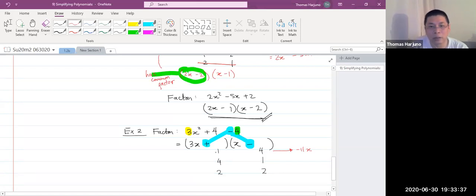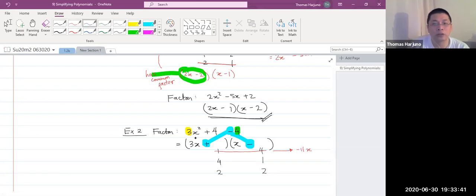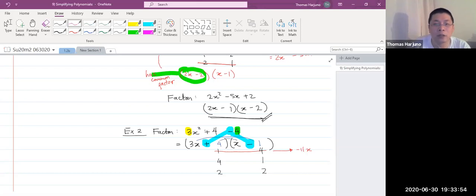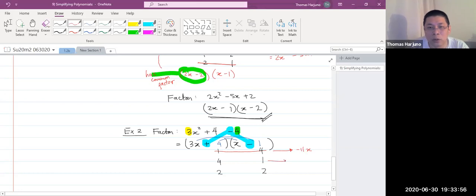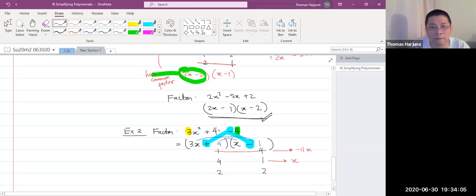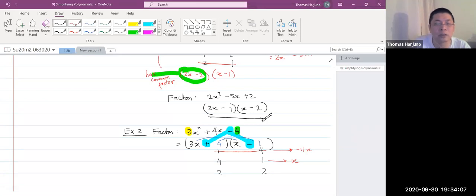So I cancel this one. How about if I try 4 and 1? That will give me negative 3 plus 4. Negative 3 plus 4 will give me 1x. No, that's not what I want. So I cancel that again.